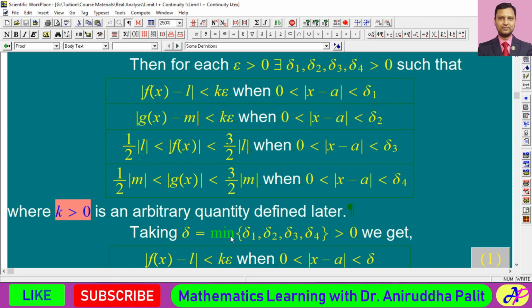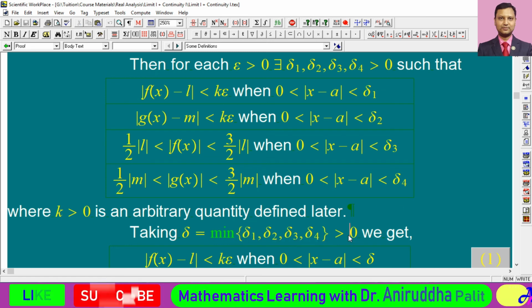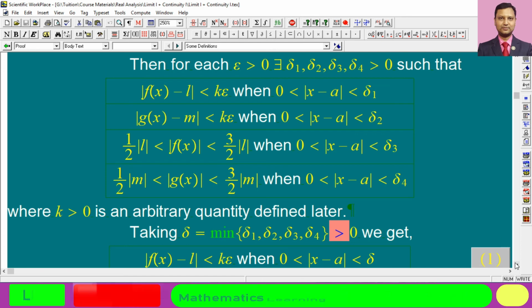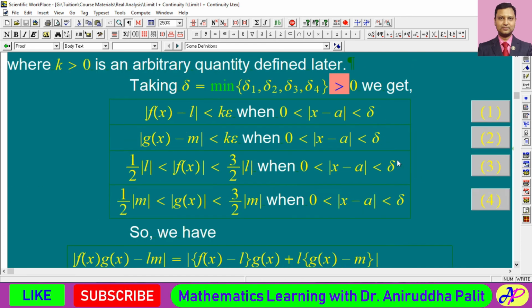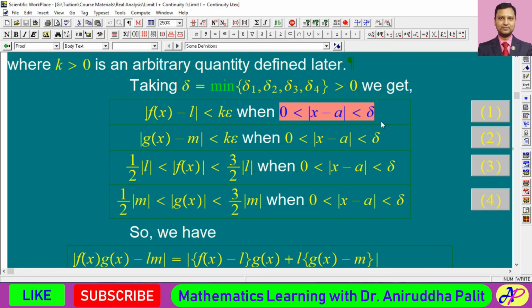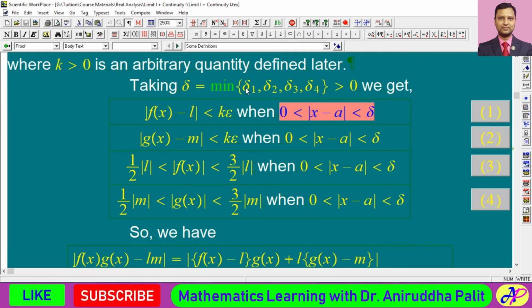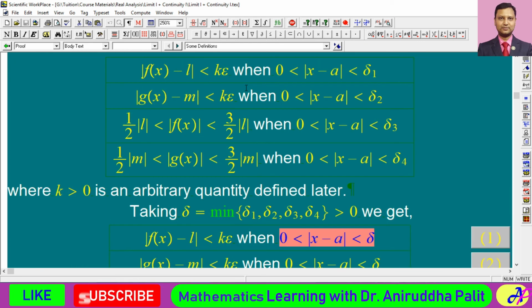We now consider delta is equal to the minimum of all these delta 1, delta 2, delta 3 and delta 4. And because all these quantities are positive, therefore we can say that delta is a positive number. And because delta is the minimum, if x lies in this delta neighborhood of the point x is equal to a, then x must also lie within the delta 1, delta 2, delta 3 and delta 4 neighborhoods of the point a.